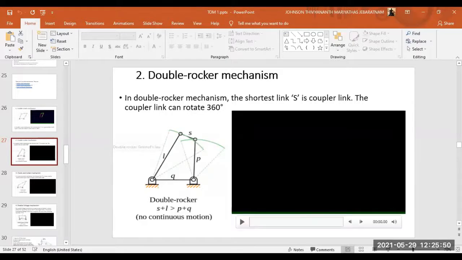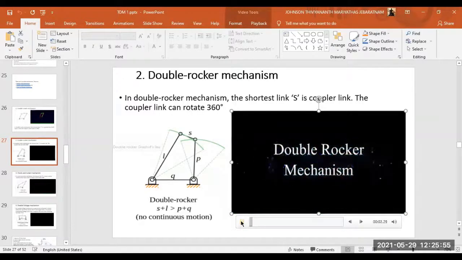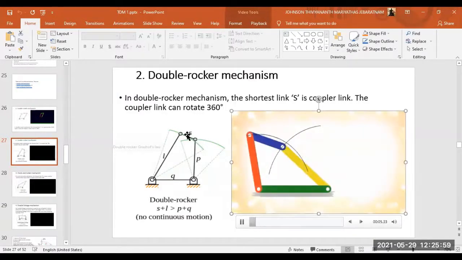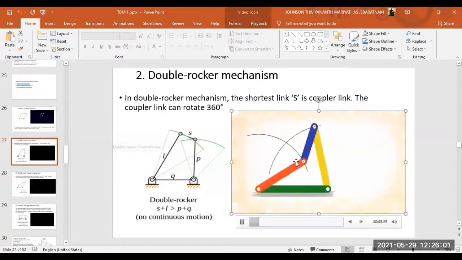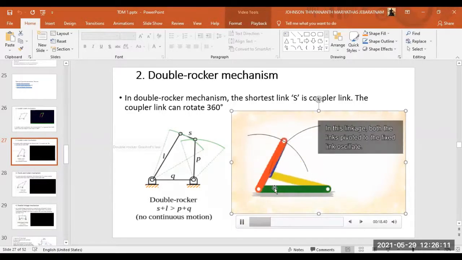That's the second mechanism, the double rocker. Here the shortest link acts as the coupler. We can consider either yellow as the input or red as the input. I'll take yellow as the input. This yellow can go only up to this particular position, because this would be the maximum length between these two joints.